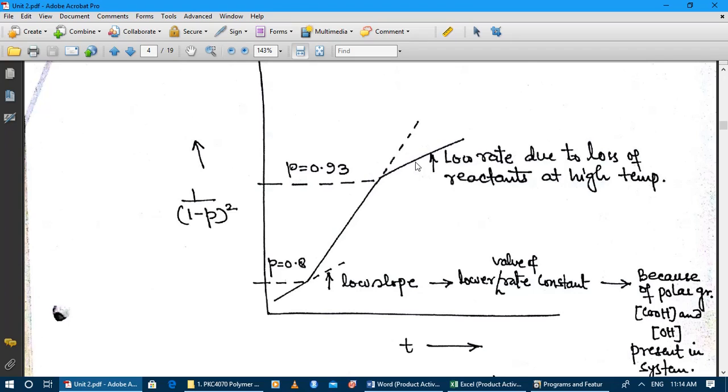So loss of the reactant is responsible for the lower rate of reaction. So these are the reasons for the two different regions: the lower conversion region and the higher conversion region.